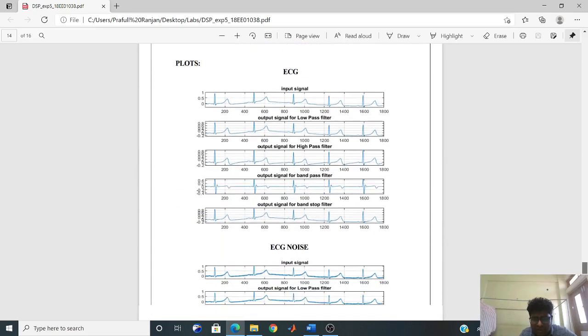So this is for ECG without noise. We can see the input signal and the output signal for low pass filter. In this one we can see that for low pass this is giving the high values, like you can see here. The output signal for high pass filter is giving like this one. For high, it is passing.